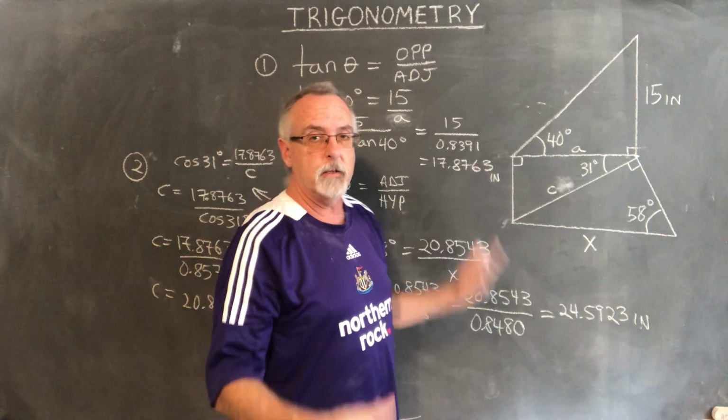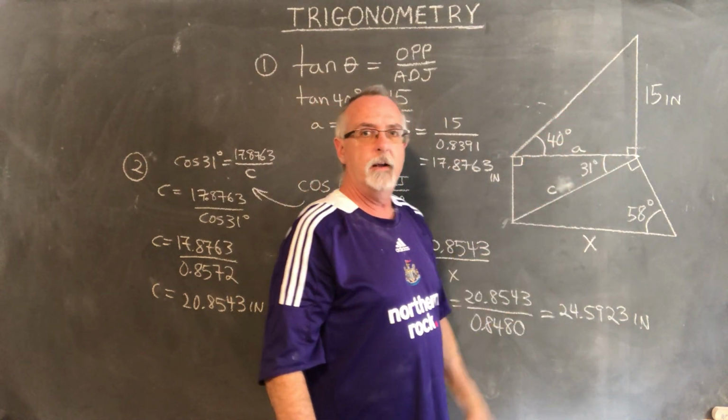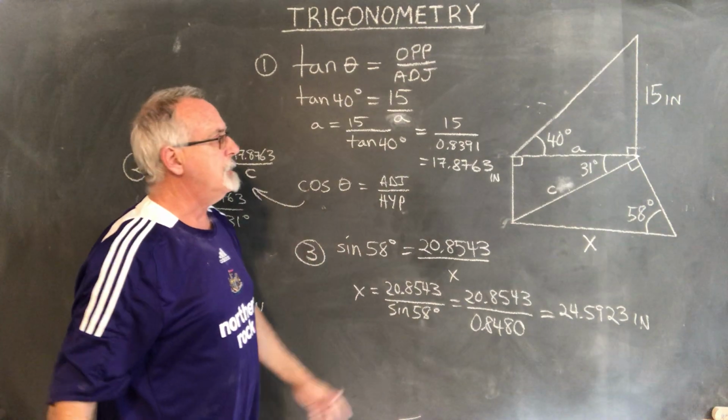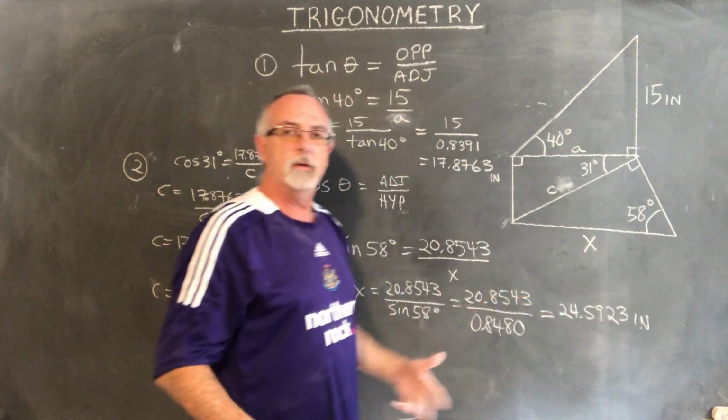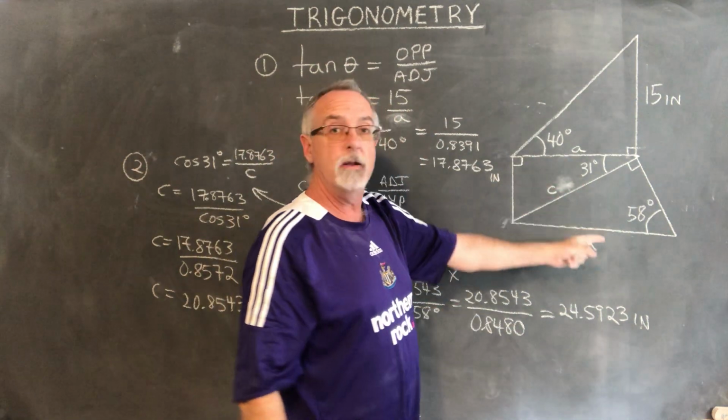If we were to just subtract from 180 all three times and fill in the three missing angles, then we would have all sorts of choices as to which formula we want to use for which step. And we would have eventually been able to find anything. And in fact, we can continue and find everything.